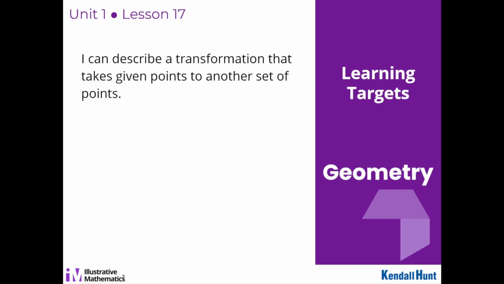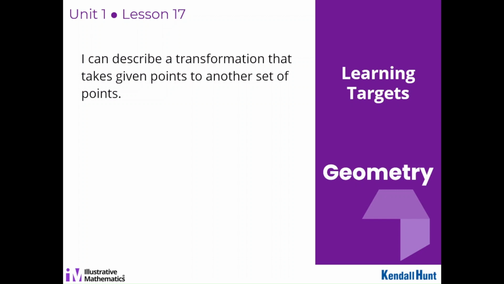So just to review the learning target for lesson 17, this one said, I can describe a transformation that takes given points to another set of given points. And the ones that we really concentrated on in this lesson, we did a lot of translating by a directed line segment, and we did a lot of rotation around a certain point, but we've also seen where we can reflect across a line of reflection.